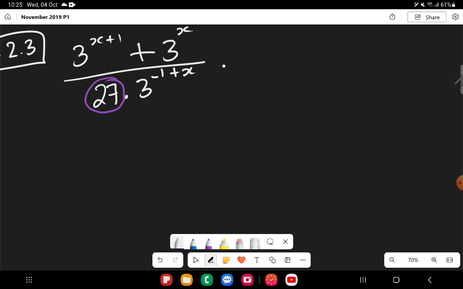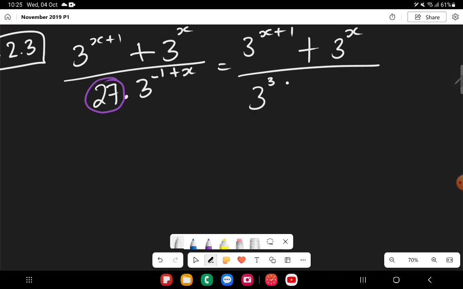So I can rewrite this. This becomes 3 to the power of x plus 1 plus 3 to the power of x, over 3 to the power of 3 multiplied by 3 to the power of minus 1 plus x. My next step is to write everything in the numerator with one base and the denominator with one base.